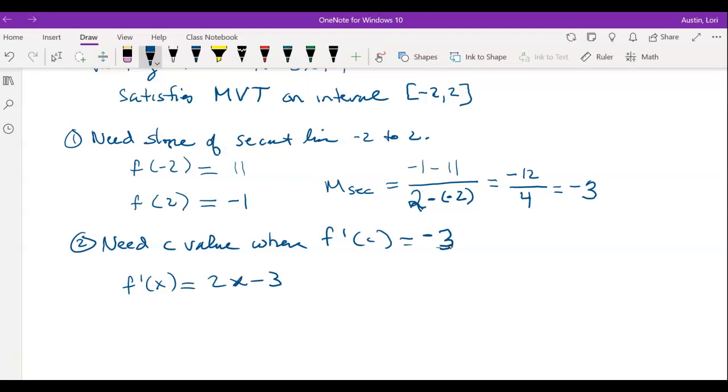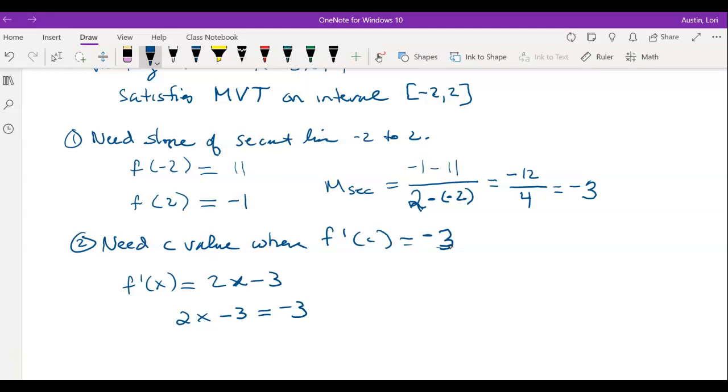Go ahead and set that equal to, don't set it equal to 0 because we're not doing Rolle's theorem. I almost said it. We're going to set it equal to -3. And all you're doing when you're verifying something like this, we're going to get a value. We're checking if this value actually falls in that interval.